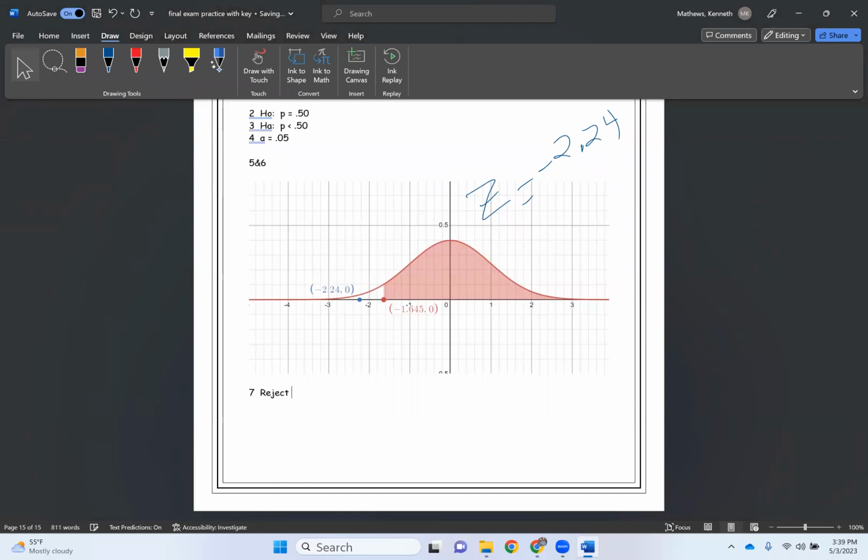You will reject the null hypothesis if z is less than negative 1.645. We will fail to reject the null hypothesis if z is greater than negative 1.645. My bad.